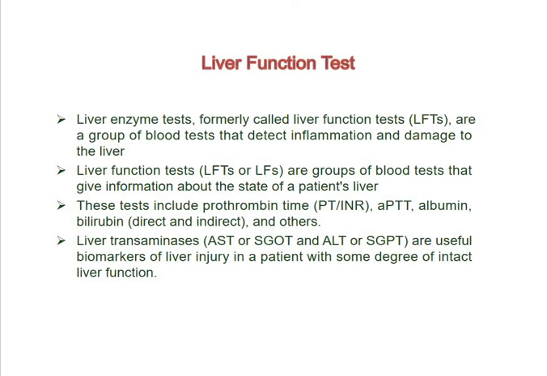Some tests are associated with function, for example albumin, some with cellular integrity, for example transaminase, and some with conditions linked to the biliary tract, that is gamma glutamyl transferase and alkaline phosphatase.